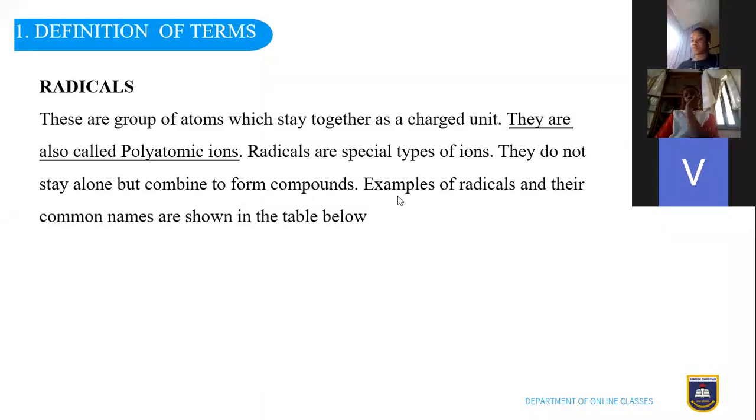They are also called polyatomic ions, a group of atoms with a common charge. In the next slide, I'm going to show you examples of radicals and their common names. Every radical has its common name and its IUPAC name. Now, this class is about getting the IUPAC name of those radicals and also compounds.